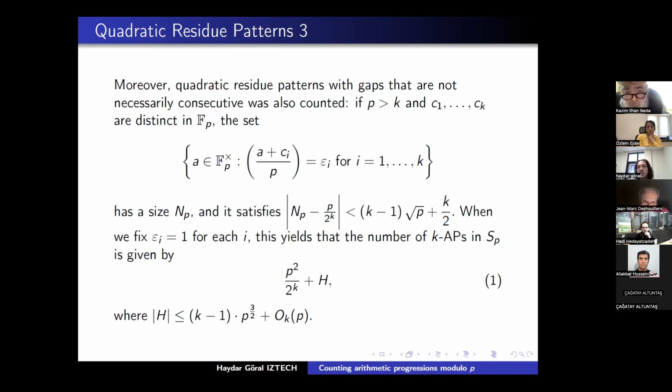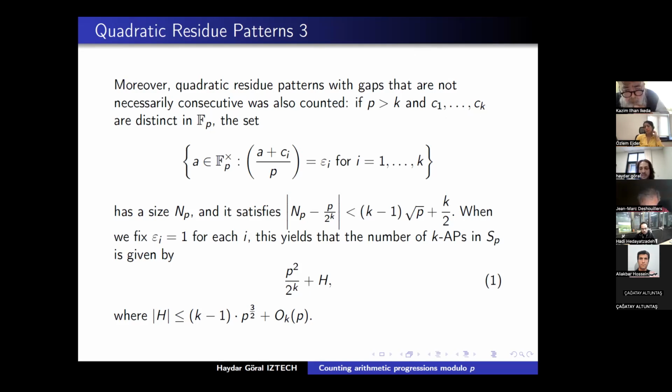Then you can do this: c1 is 0, c2 is 2, and ck is 2 times k minus 1.